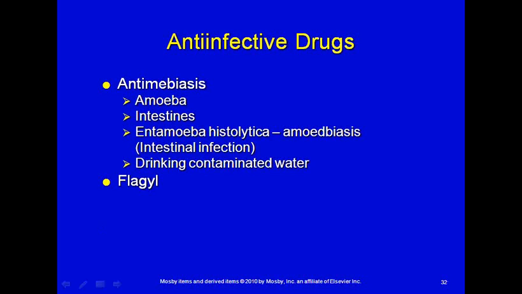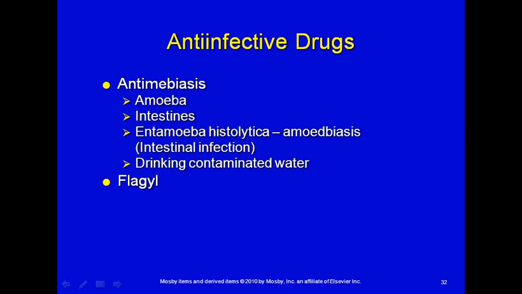Amoebiasis, of course, affects you through amoebas, and amoebas can get into your intestine and cause an intestinal infection from drinking contaminated water. And Flagyl is a common one given for that.